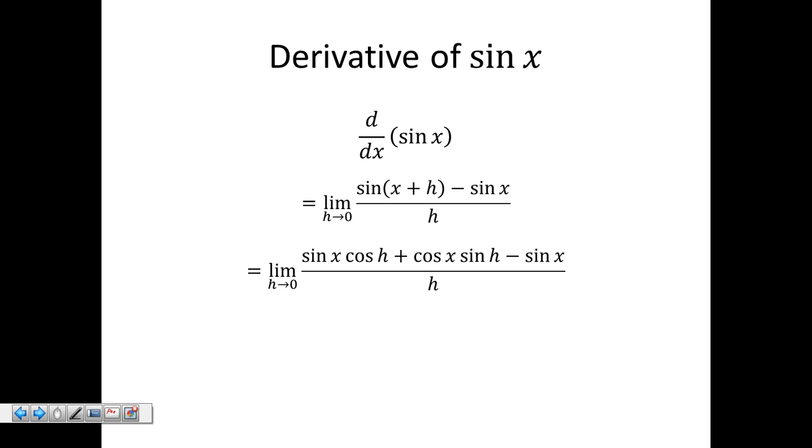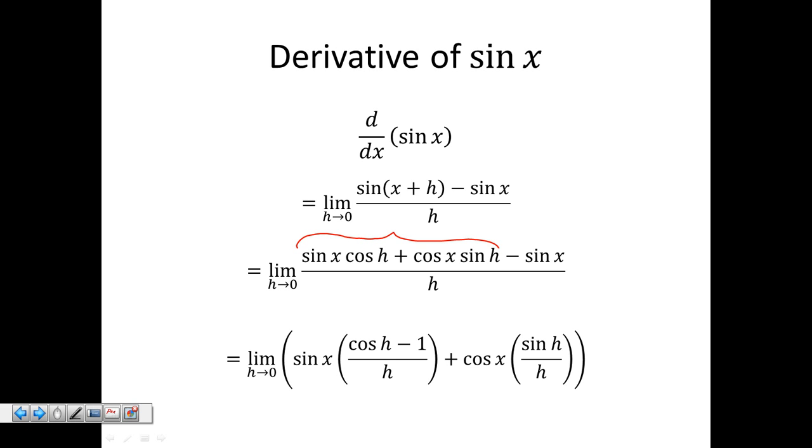So that sine of x plus h is what gives us this whole expression in our fraction, and then minus the sine of x. Now if we do some algebra to this, we can shuffle things around. We've got sine of x appearing in a couple different spots, so those get moved together. So when we factor out the sine of x's that appear in two terms, this is what we get here.